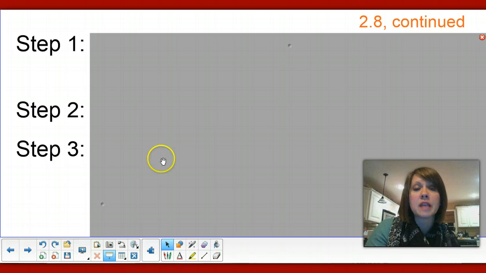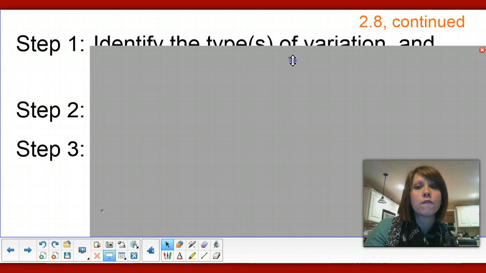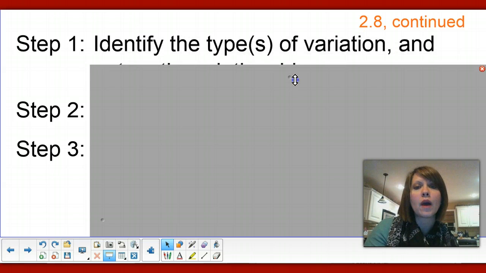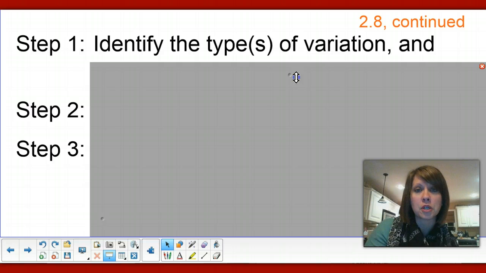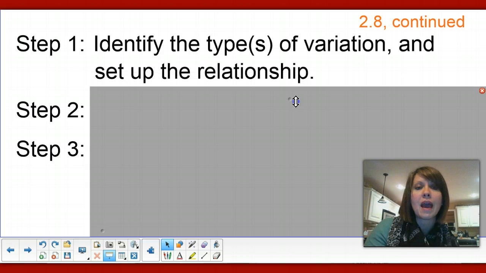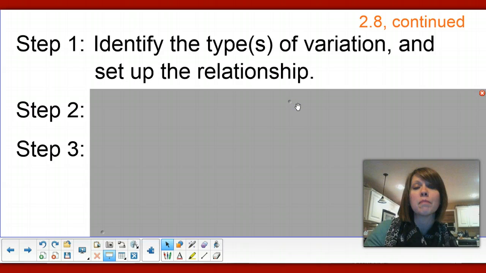Let's go through the steps required for doing the variation problems. 3 steps, okay? The first step, you need to identify the type of variation within a problem and set up that relationship based off of the previous page. Is it a y equals kx, a y equals k over x? Is it a combined or a joint variation? Which of those 4 types is it?